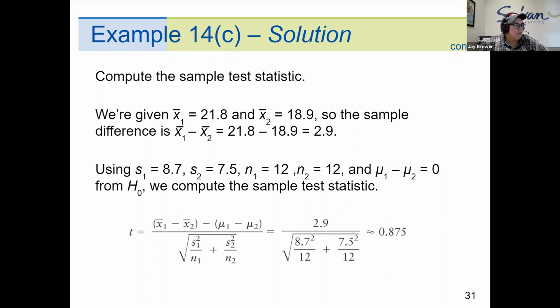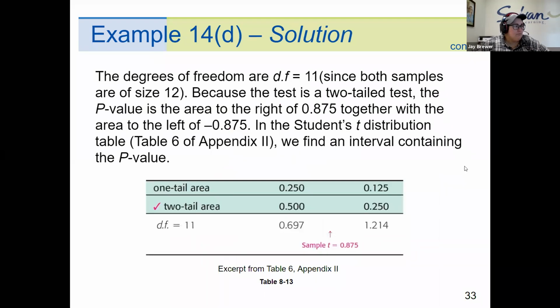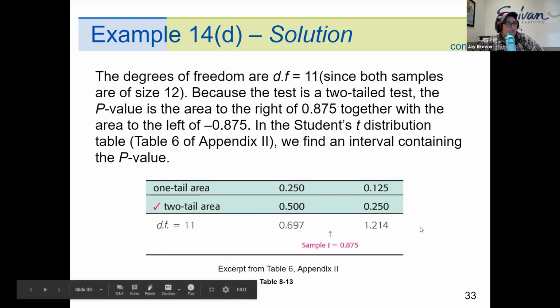Okay, so for the combo, we get 0.875. Here's your diagram. And here you can find your interval is between 0.697 and 1.214.